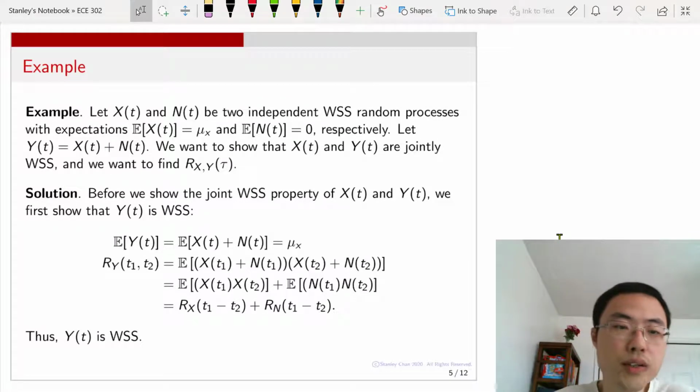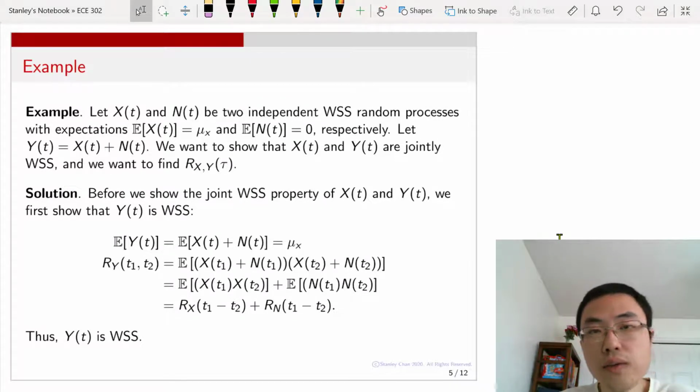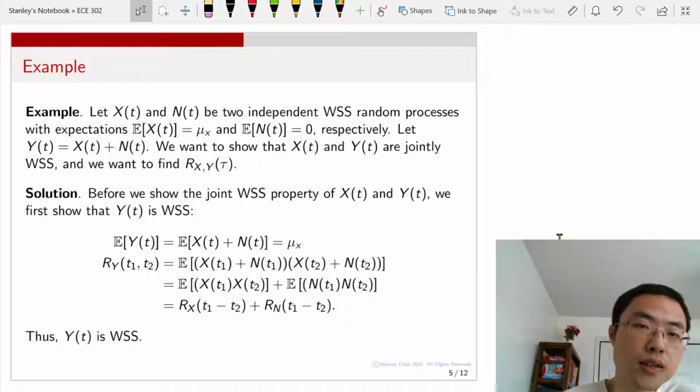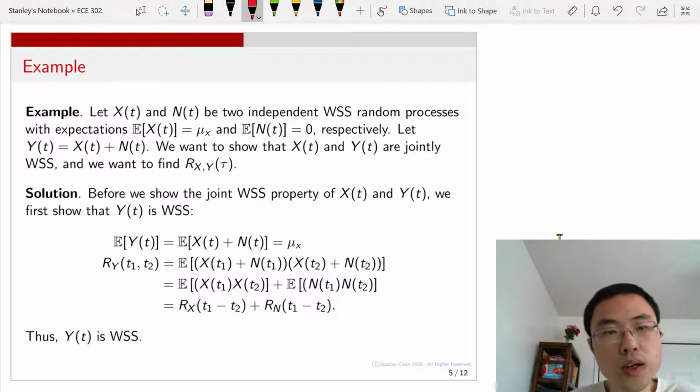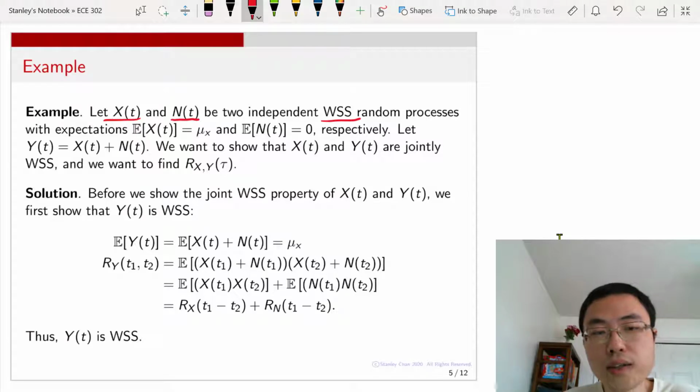So I want to show you an example of how these can all be calculated. The example goes as the following. You have a wide-sense stationary process, x(t), and then there's another wide-sense stationary process, n(t). They're both wide-sense stationary. The expectation of x is mu x, the expectation of n is 0.